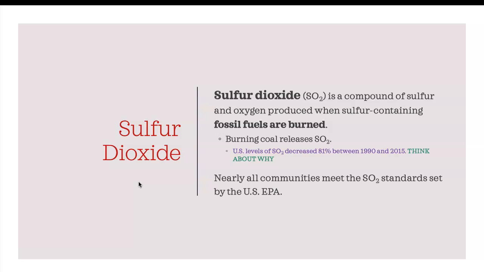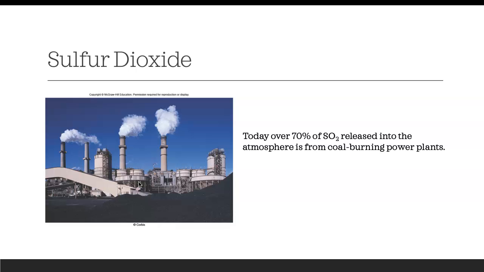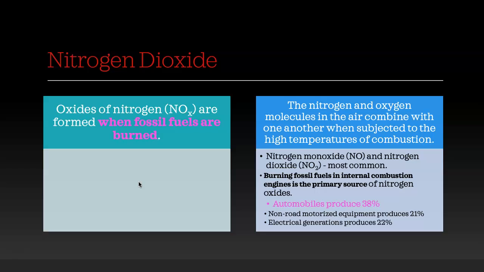Think about why. Sulfur dioxide comes mainly from burning of coal. We are still trying to keep it under control, but I just want to point out the main source of sulfur dioxide is coal-burning power plants. Nitrogen dioxide comes mainly from cars and combustion. Driving cars produces about 40% of this contamination.